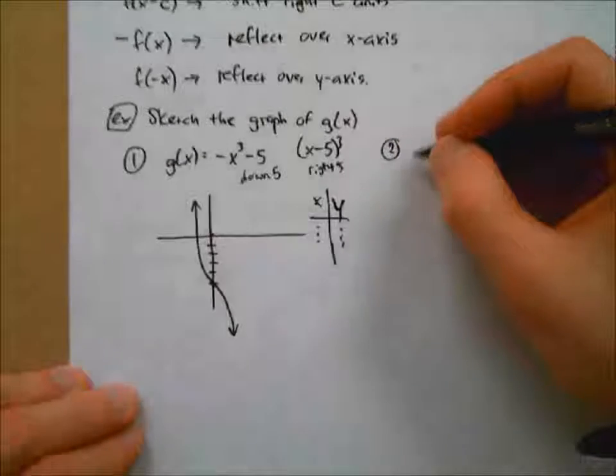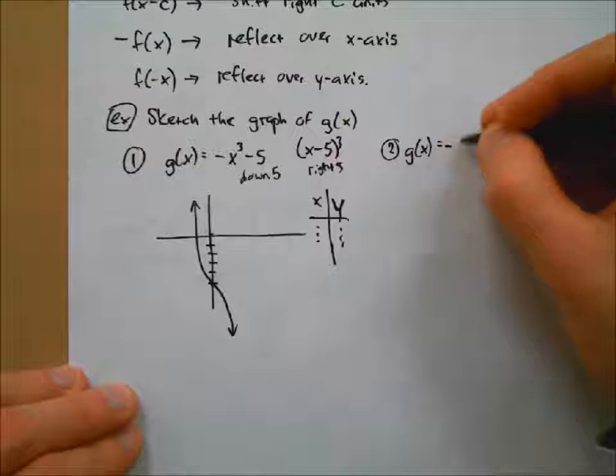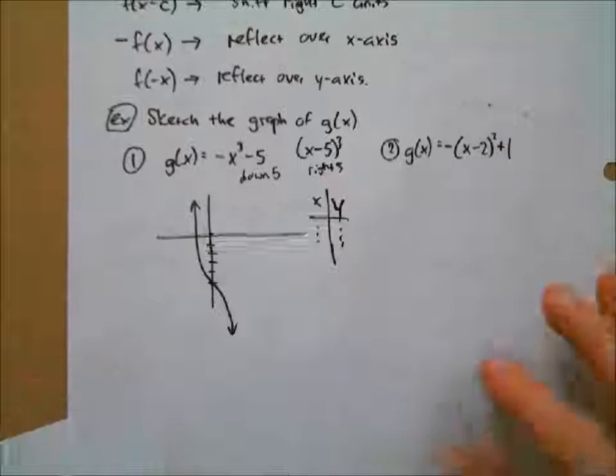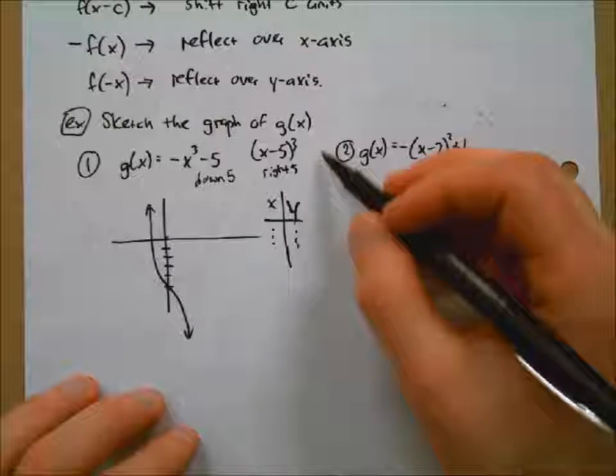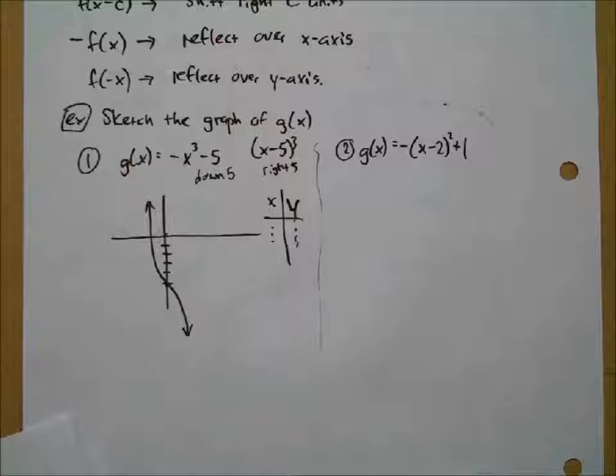How about g of x equals negative (x minus 2) squared plus 1? Okay, so Kat, can you describe here what kind of transformations we see?